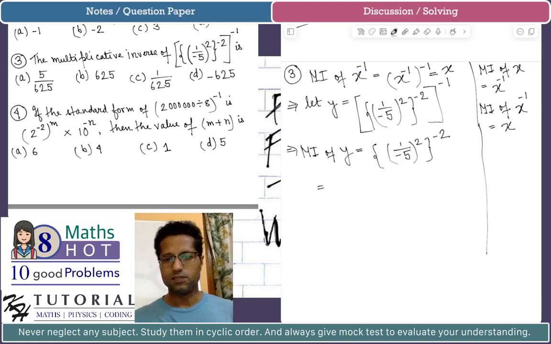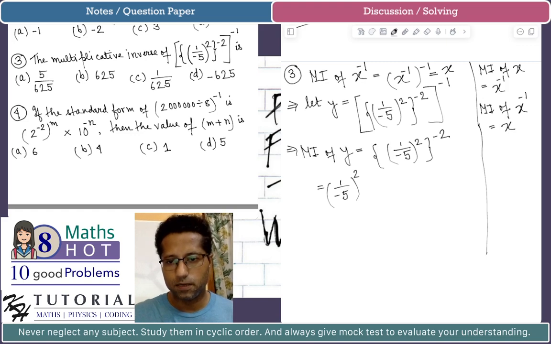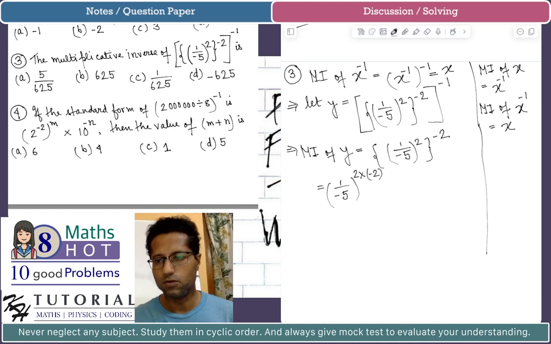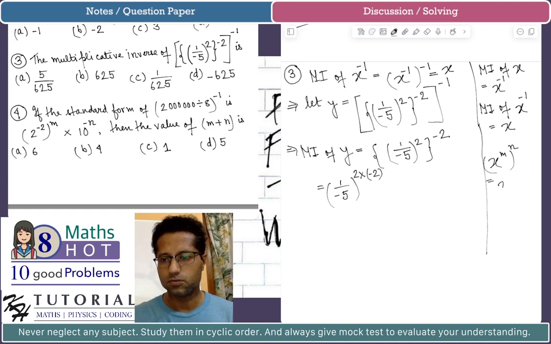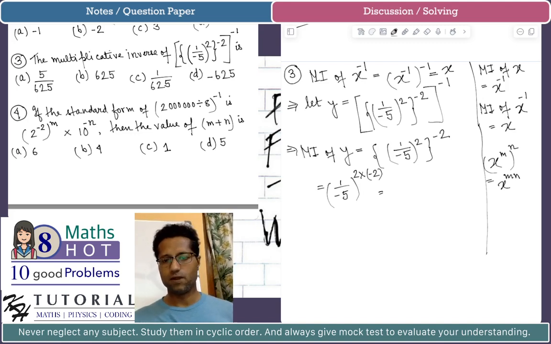Now this will be 1 by -5 whole raised to the power 2 multiplied by -2, because we know that x to the power n, this whole raised to the power n, is equal to x to the power, the product, the powers get multiplied. Now the base is 1 by -5, and the rational number is not in the standard form, the denominator is negative.